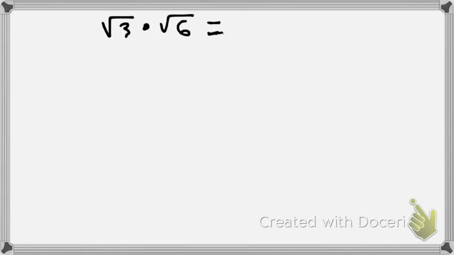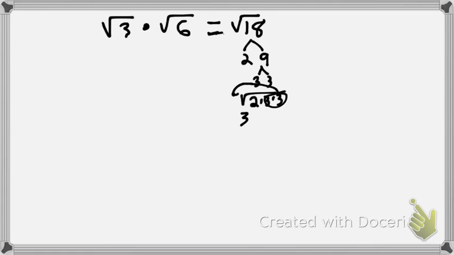But when we multiply them, we get the square root of 18. Okay, so the square root of 18, now we have 2 times 9. 9 is 3 times 3. So now, all of a sudden, we have that pair of 3s. So we can take those pairs of 3s and move one of them outside, and we get 3 radical 2.